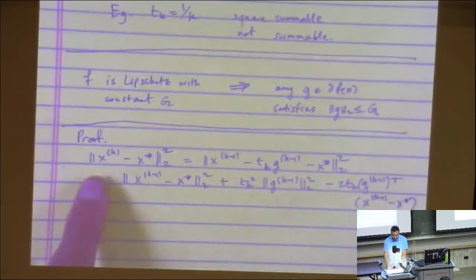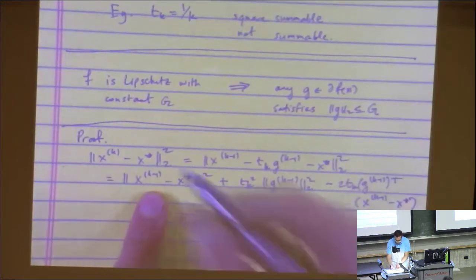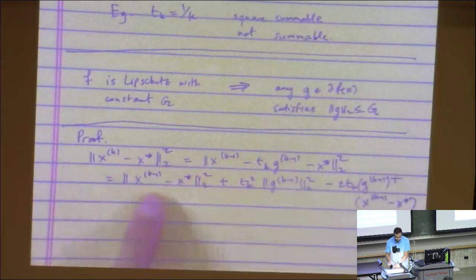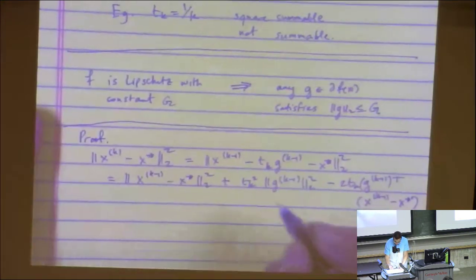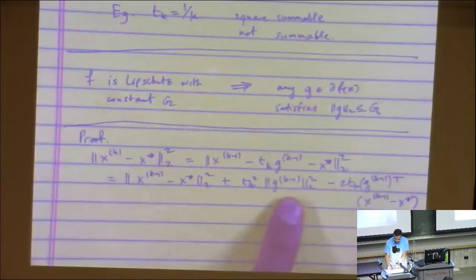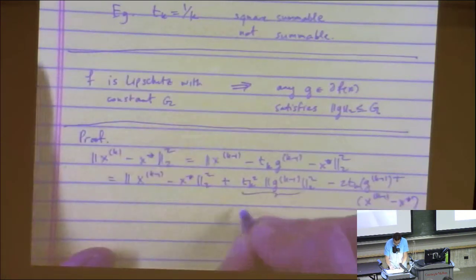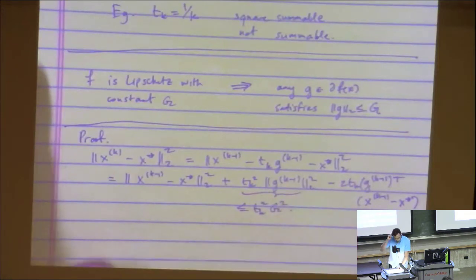So this just comes, like I said, from expressing xk as a function of the iterate that came before it and then expanding. So this thing, we'll bound this by G. I guess we can just do that right now. So this thing is less than or equal to tk squared times G squared. How about this term here?